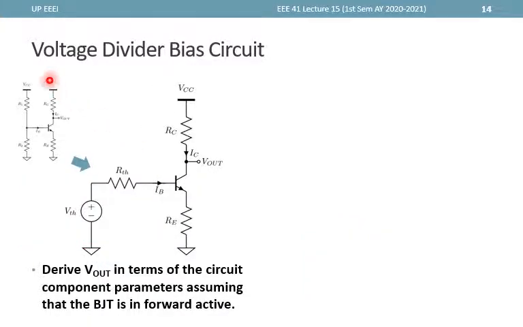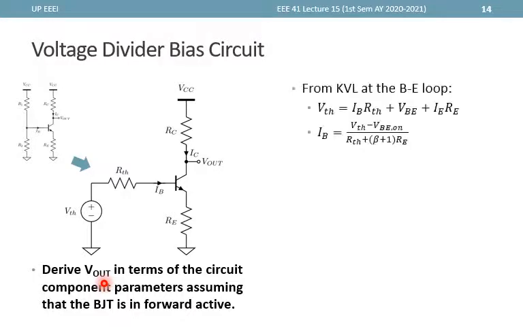So if we actually perform the conversion and now do the same, which is to derive Vout, we can again start with this loop. So VBE on is right here, and by KVL, VTH, the drop from here to here, must be equal to the drop from here, but going through here.